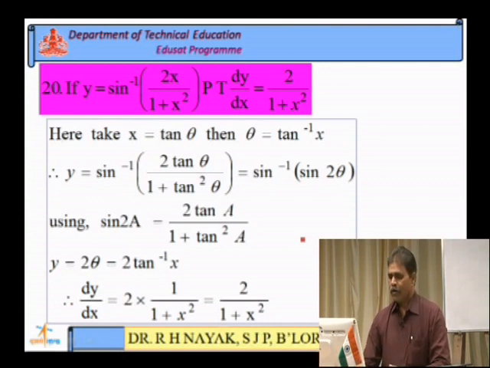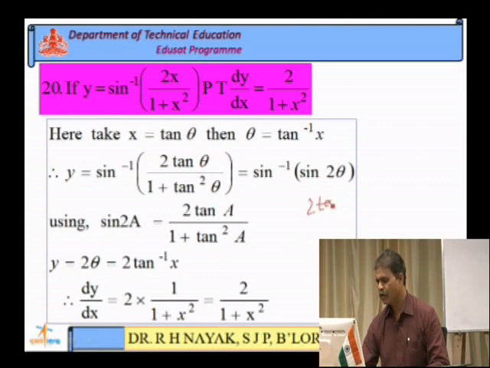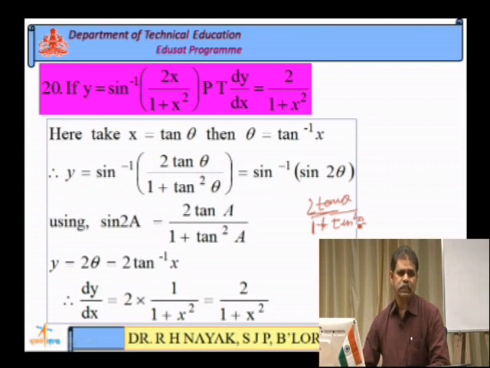You might remember the compound angle formula. There we know that 2 tan theta divided by 1 plus tan square theta can be taken as sin 2 theta.